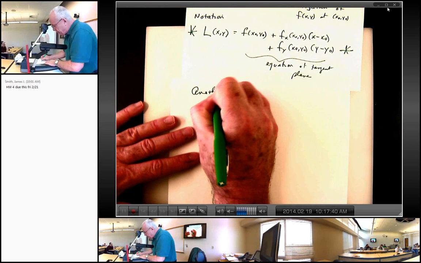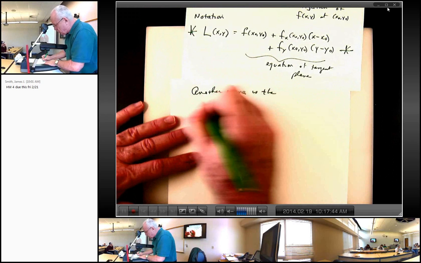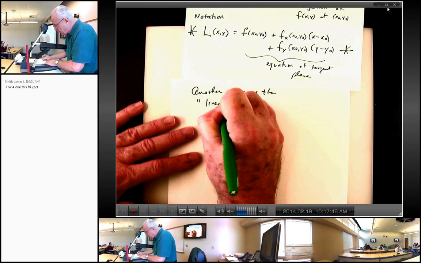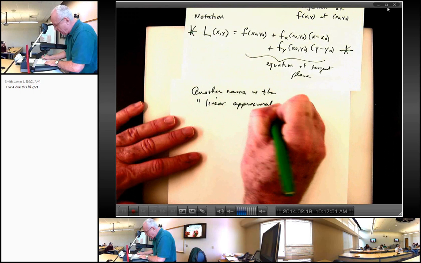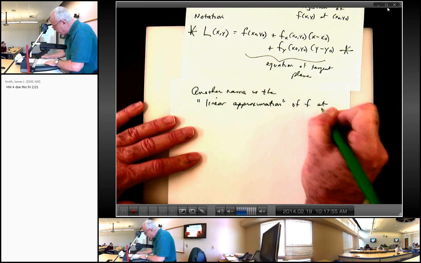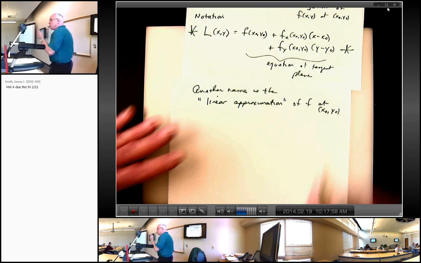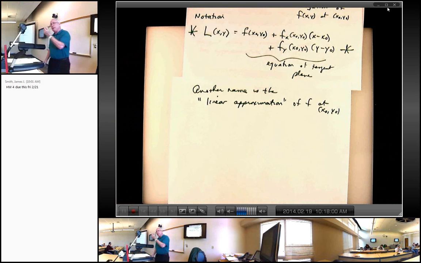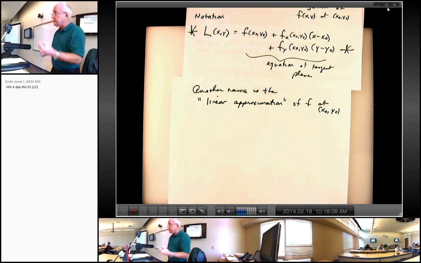Another name is the quote-unquote linear approximation of f at the point x naught, y naught. Remember, we're talking about a specific point where we have a specific tangent plane, and where we have specific values for our fx and our fy.